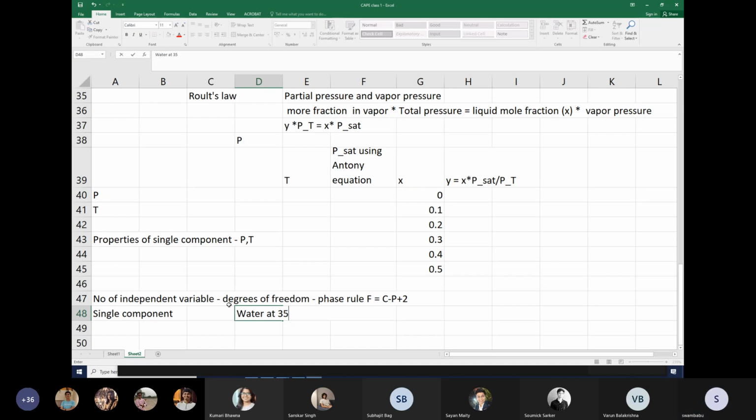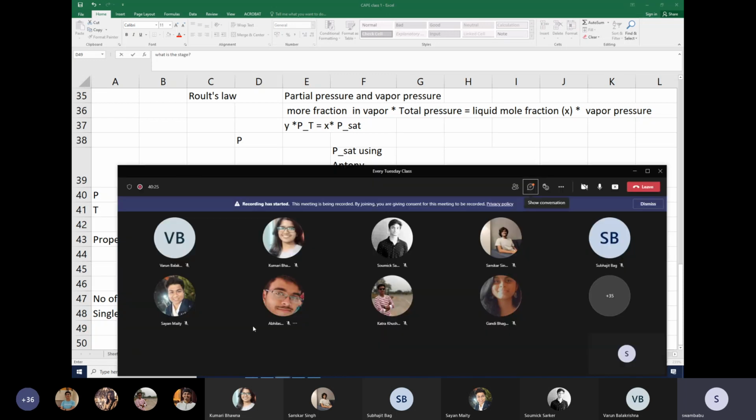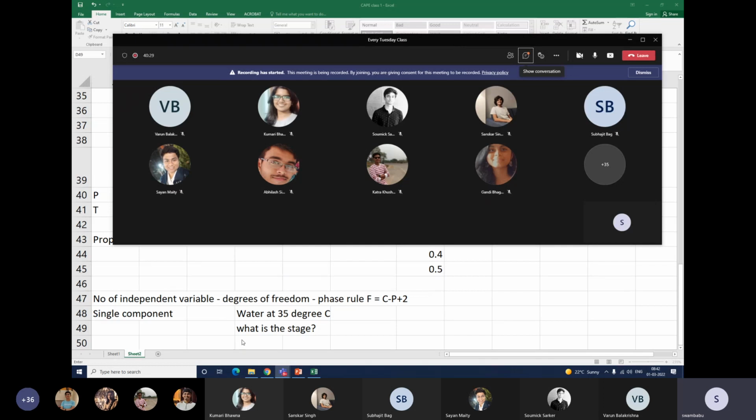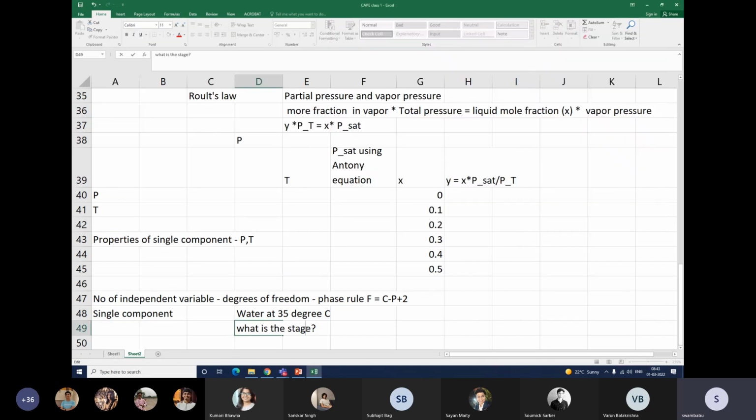What is the state of water at 35 degrees centigrade? I have given this information. Can anyone define the state? Water is at 35 degrees centigrade. What is the state? Not stage, sorry, state.